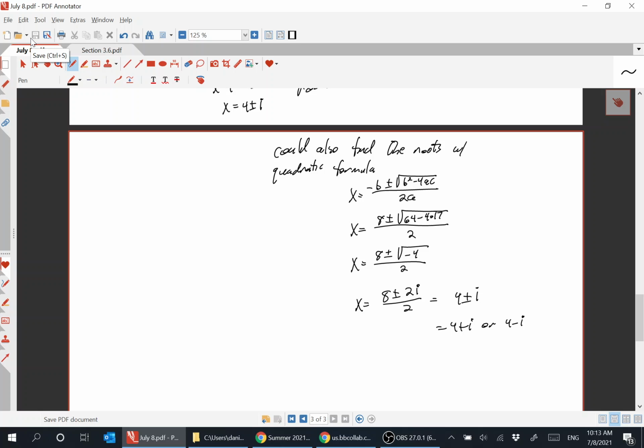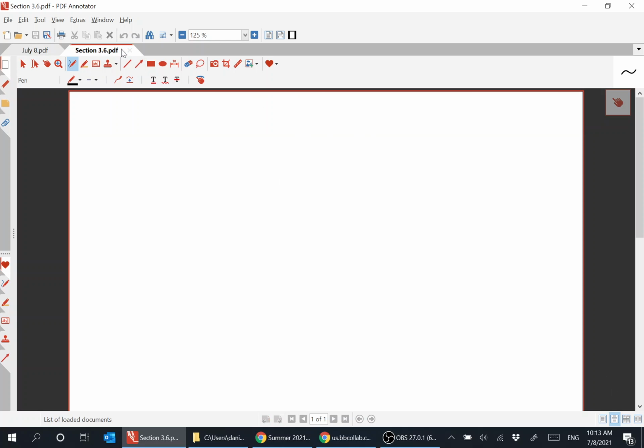So let's move on to the next section, section 3.6. Kind of a lot to say in this one. So section 3.6 is on graphs of rational functions.